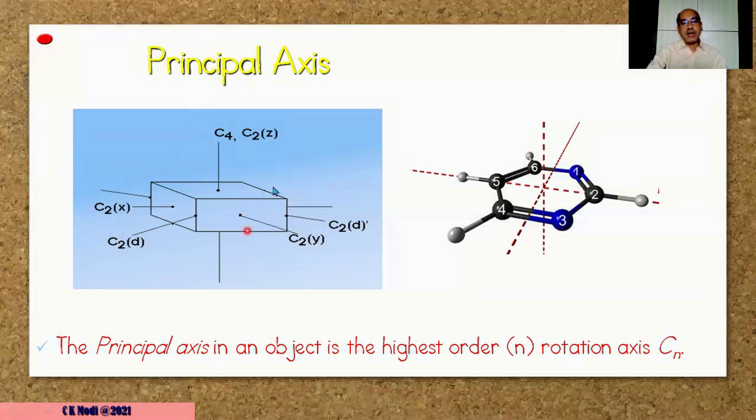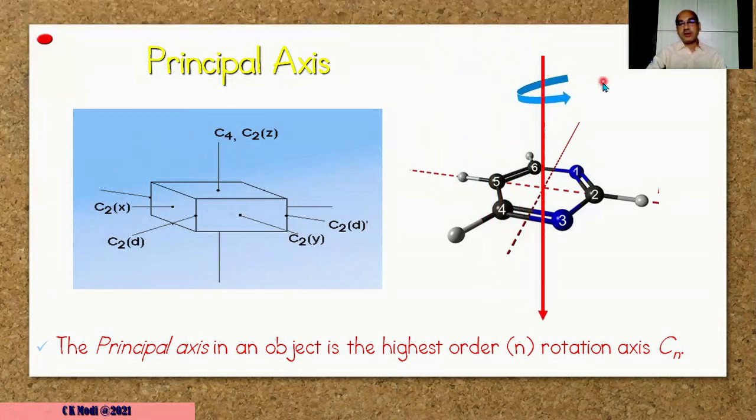Among these 5 rotation axes, which one is considered to be the principal axis? Those which have the highest order. These are C2, this is C2, this is C2. Now, this is C4, so the n value is higher. Therefore, it is considered to be the principal axis.